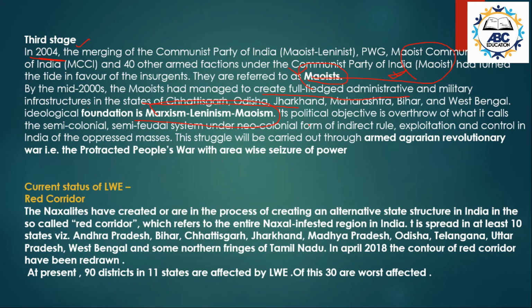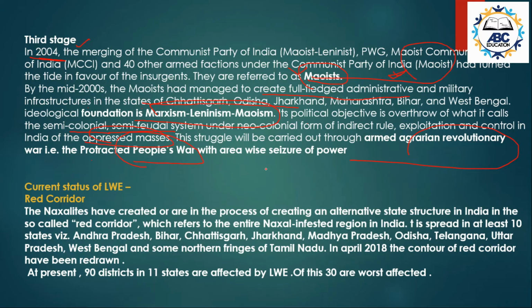And what is their political objective? It is to throw out the government which they consider as colonial, semi-feudal and exploitative, which is oppressing the masses of India. And how do they plan to do it? How do they plan to overthrow this kind of an exploitative government? Through violent armed agrarian revolution, which they call People's War.